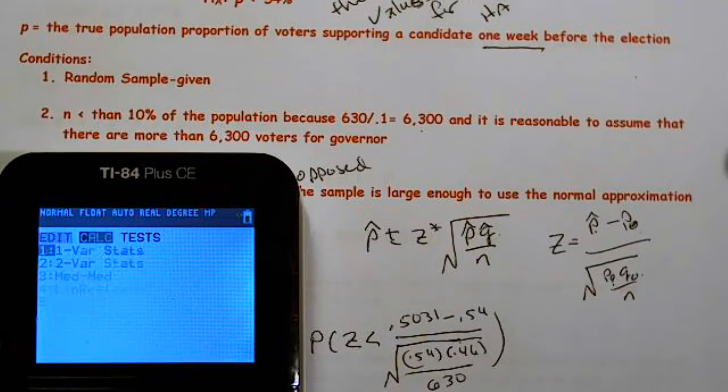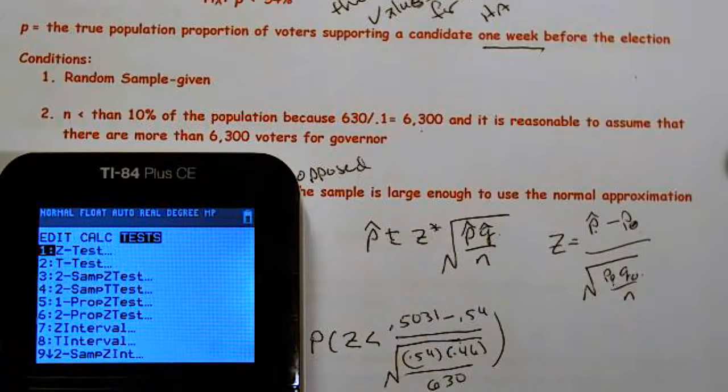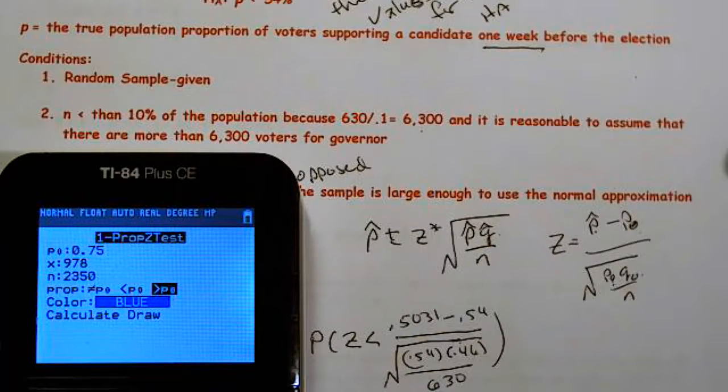So when I want to calculate this, I press stat, arrow over to test, and scroll down to 1-proportion Z test, which happens to be number 5. My claim, or my p naught, was 54%, so 0.54. My x value is 317 people in favor of him, out of 630.